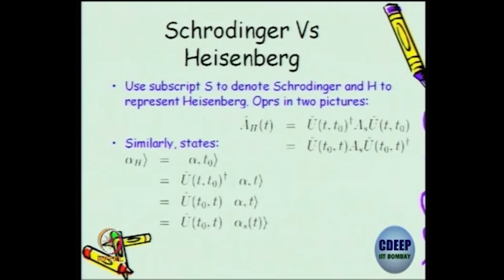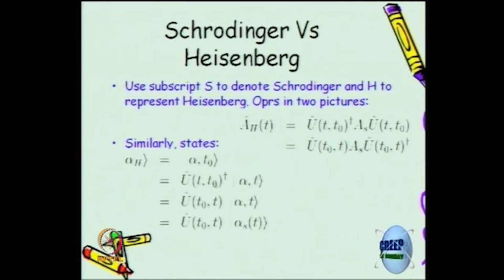Similarly, for the states, you can write the Heisenberg state to be frozen at t naught, which is the Schrodinger state. Equivalently, write this in terms of alpha S of t, and you can use this unitary operator from t naught to t to relate any state at time t in the Schrodinger picture to the Heisenberg frozen state. So play around with these unitary operators.